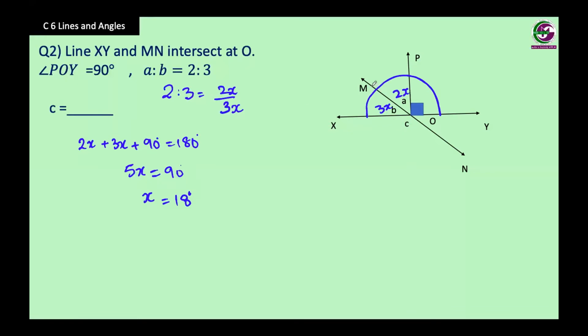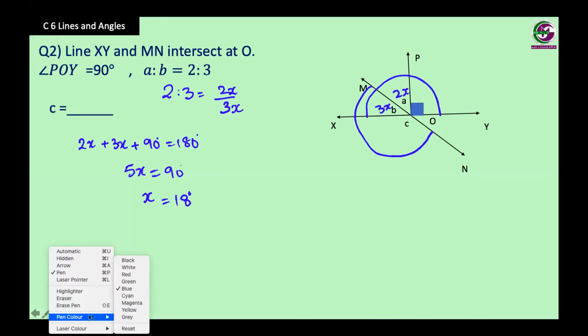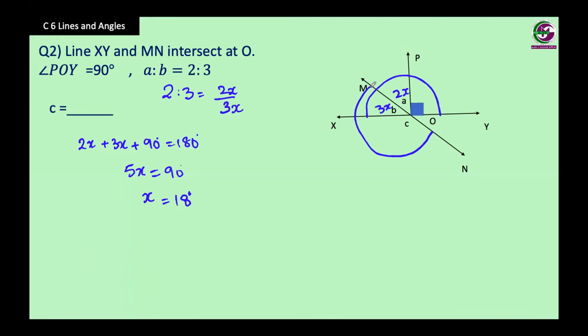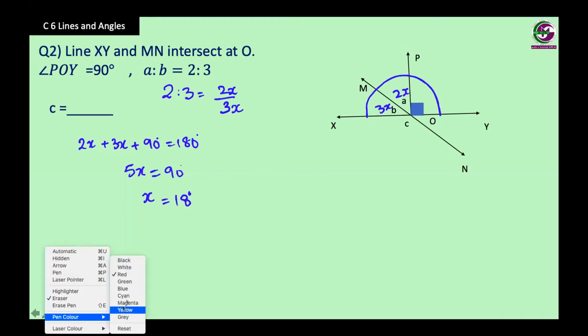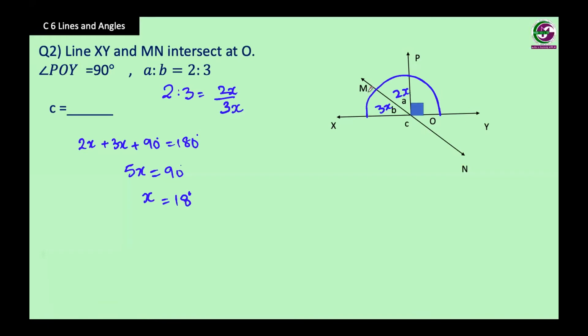You know that C is on the line MON. And MON is formed by angle B and angle C. So we can rewrite MOB. Now you can see the line MON.